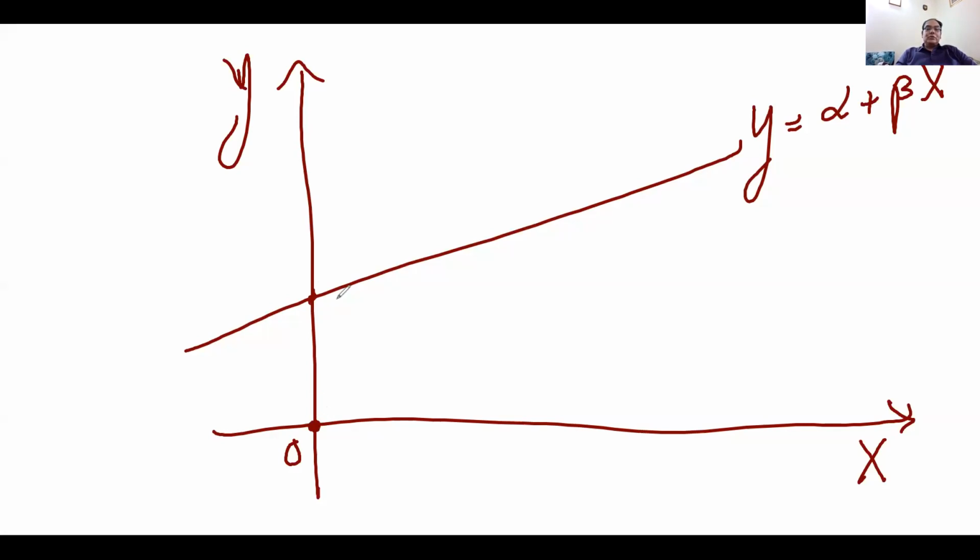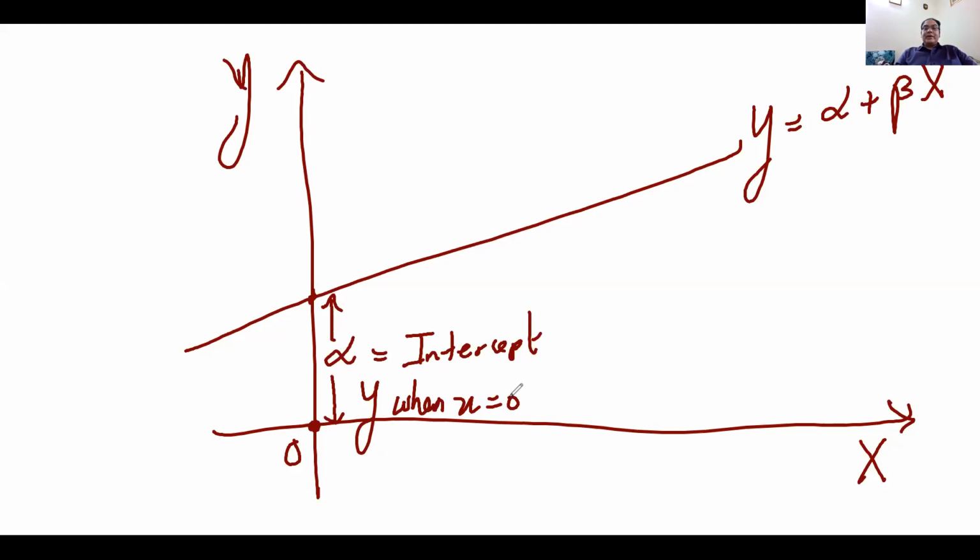This distance, from the origin to the point where the line intersects the y-axis, is known as alpha, the intercept. The intercept is the value of y when x becomes 0. In this way we define alpha.